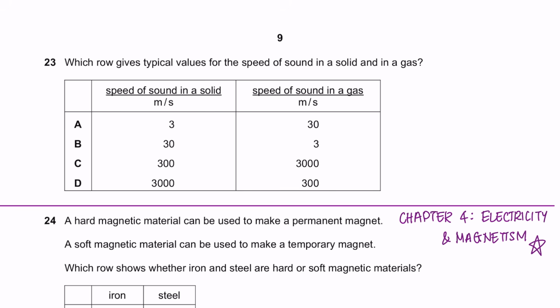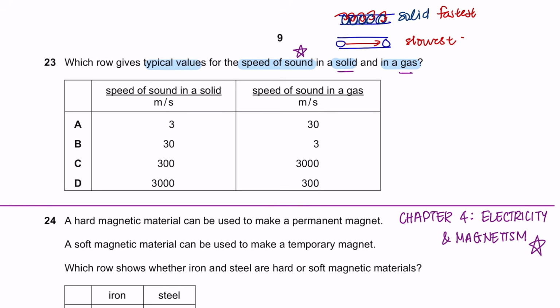Question 23. Which rule gives typical values for the speed of sound in solid and in gas? Sound needs a medium to travel, like solid, liquid, and gases, and it cannot travel in a vacuum because there are no molecules present. For solids, the particles are arranged close to each other. This makes sound travel the fastest in solid compared to gas.